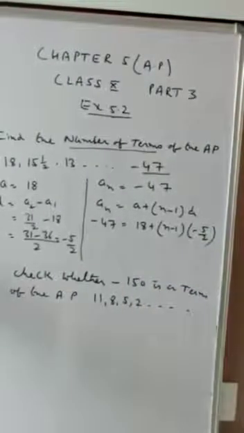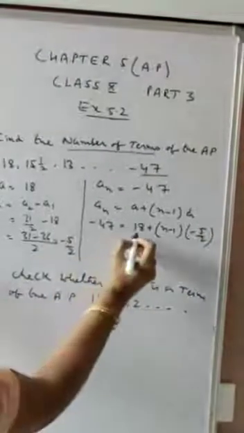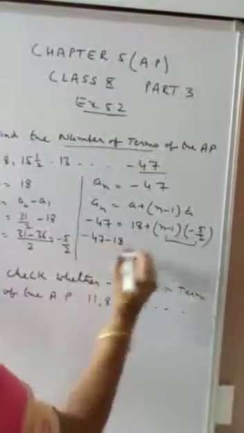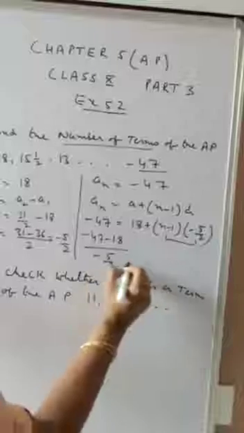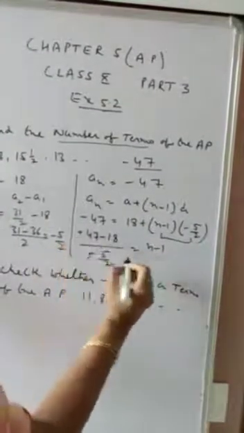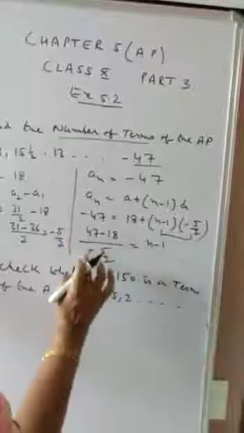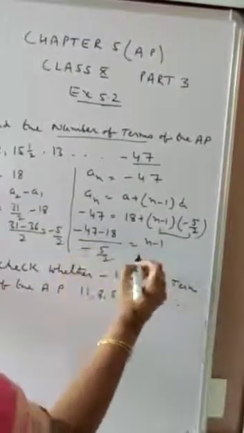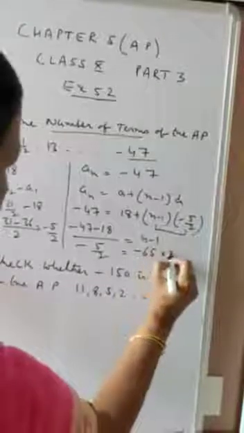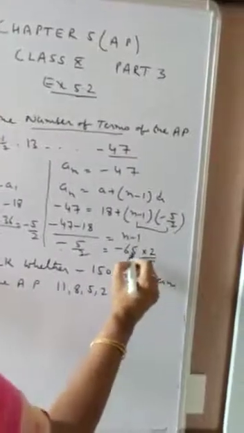Now for simplification, shift a to this side, and this is to be divided, n minus 1. Minus minus cancelled. Sorry, it's not cancelled. Minus 65, and division will be changed into multiplication.